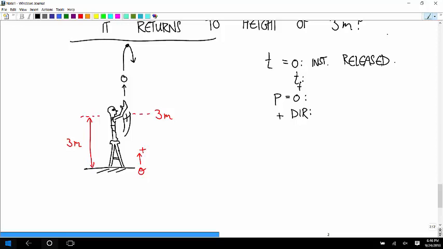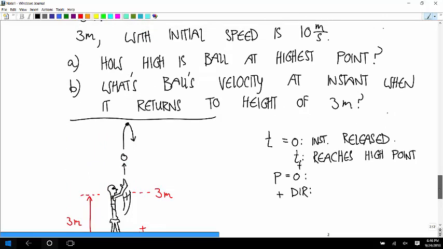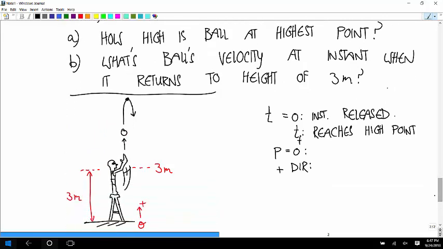And then what about time final? When it reaches the highest point. And I want you to notice there's something new in this problem that I don't think we've seen yet in an example problem.